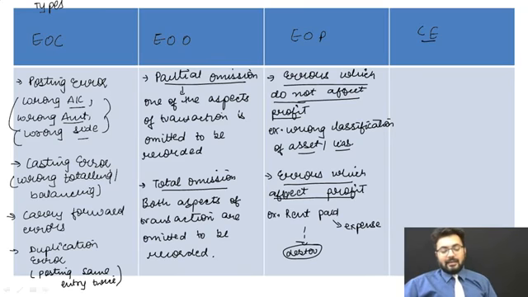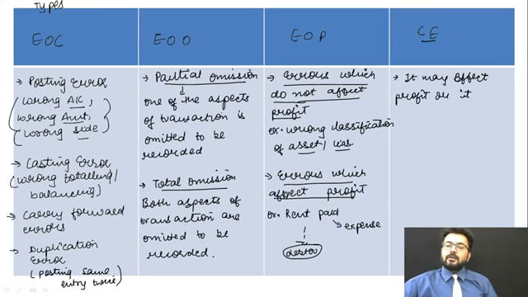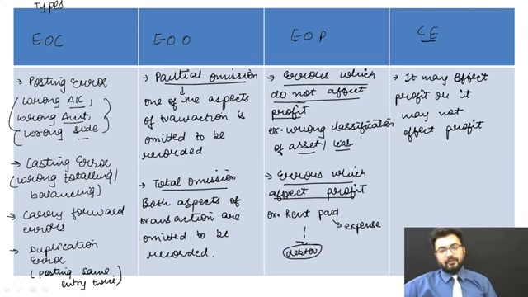So CE, compensating errors. Now what does this mean? Compensating errors, you are going to write down a couple of lines about it. There are no such classifications, but it may be classified as: it may affect profit, or it may not affect profit.